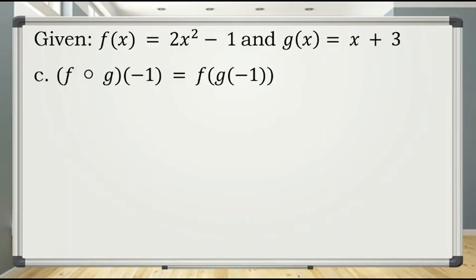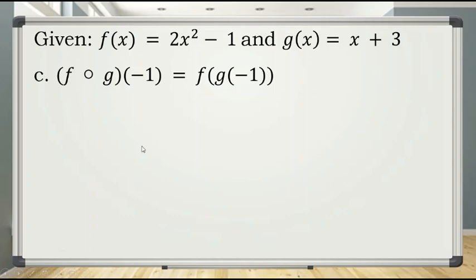And the last example is f composed of g of negative 1. So this time, our input is g of negative 1 and output is also f. If you will notice, x here is replaced by negative 1.